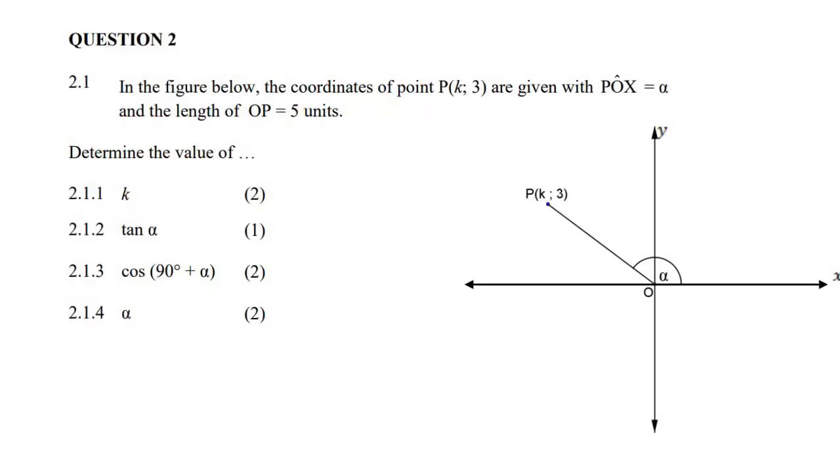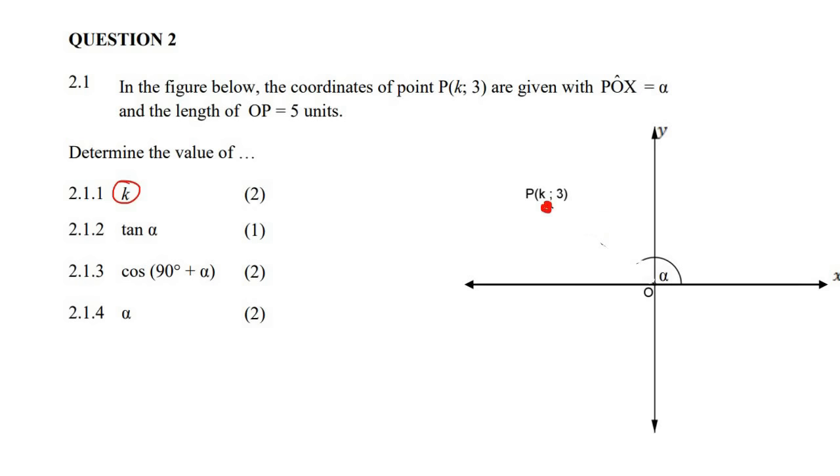In the figure below, the coordinates of P are given with that angle equal to alpha and the length of OP is 5. Okay, so that length over there is 5. The first question says, determine the value of k. Well, what you need to understand is that this little point over here, we can do the following. Imagine this line didn't exist, and there was no 5 over there.